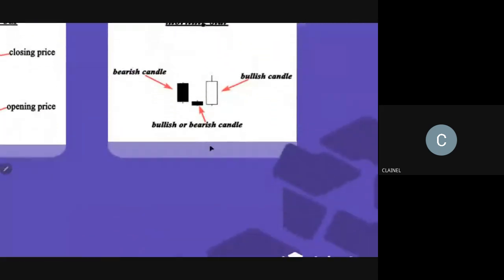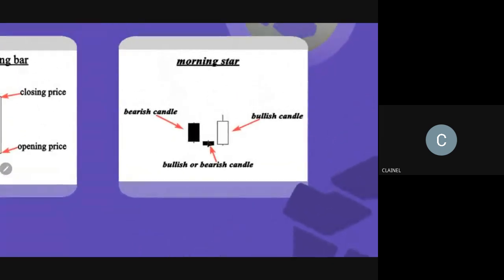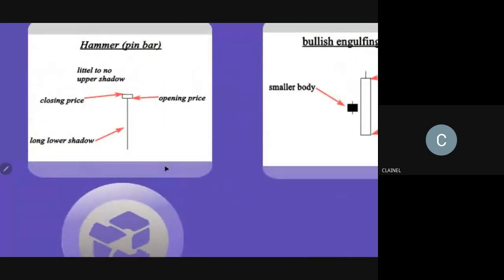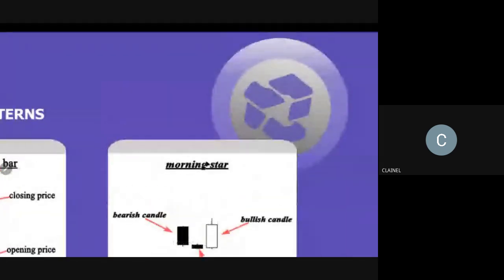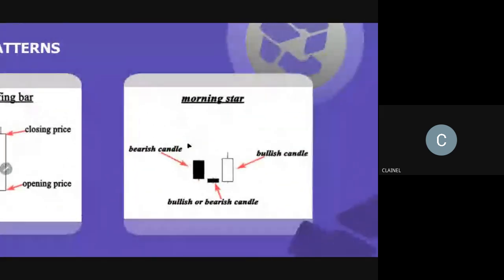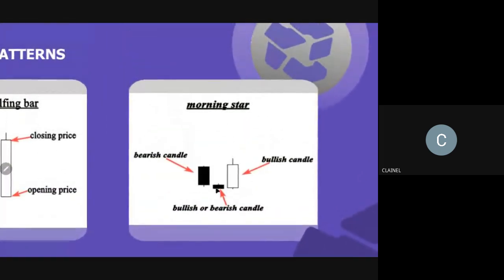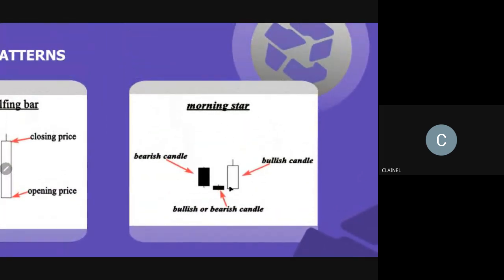Ignore this middle candle, because this middle candle can either be a pin bar candle, which is your hammer, like this right here, or it can be an indecisive candle, or it can be just like this. So what we are looking for is price, this third candle actually closing above 50% of the previous candle, the bearish candle.